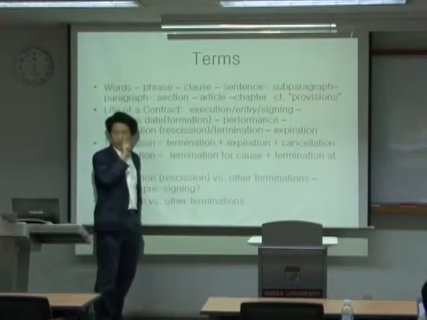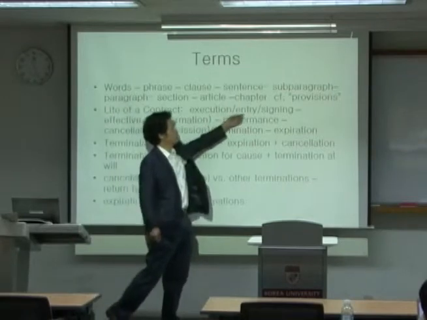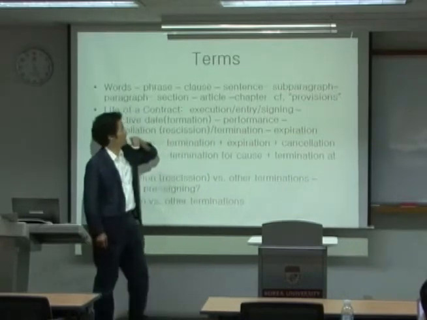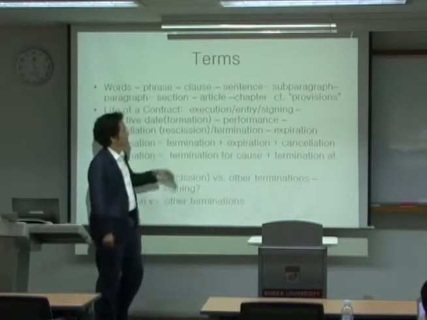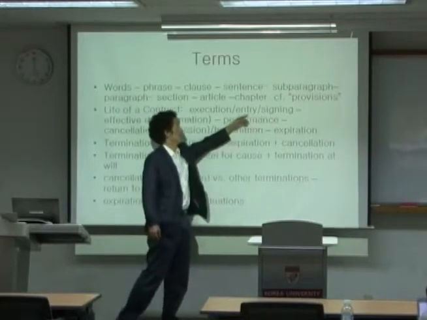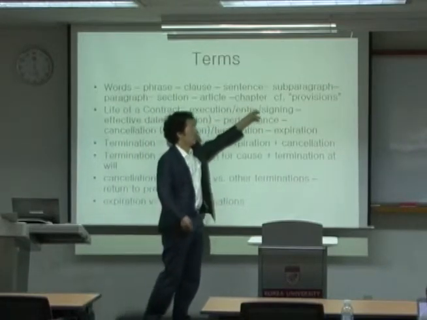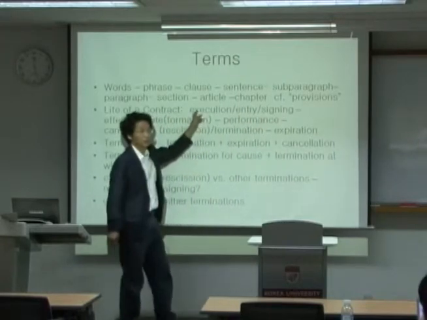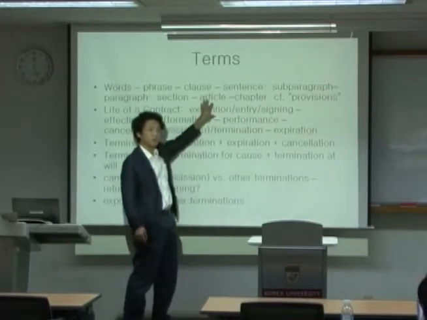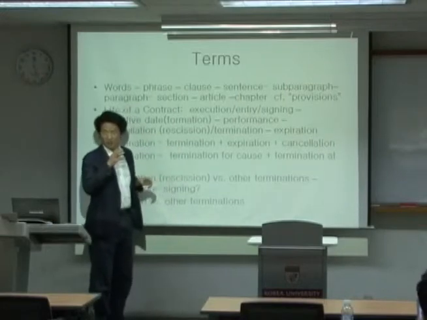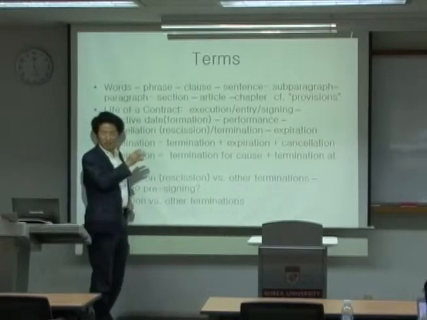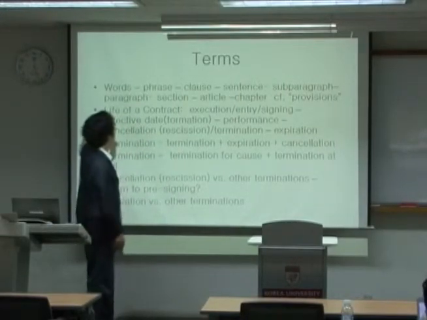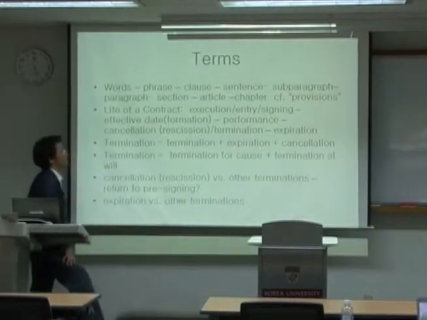Now, execution, now entry. Repeat after me. Entry. Signing. Usually, entering into a contract is triggered by signing or execution. So you can say it's one event. Coming after that is the effective date. Repeat after me. Effective date.